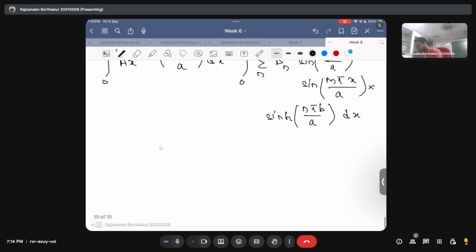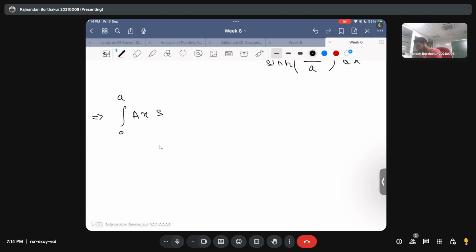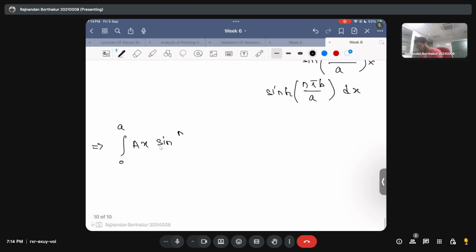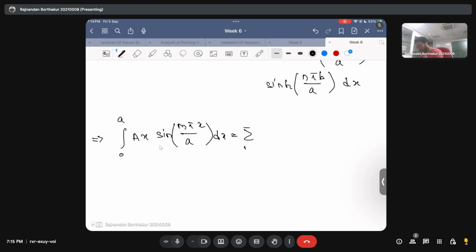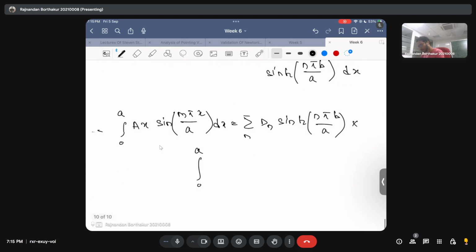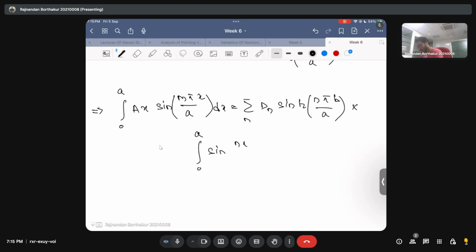So then I can just write this as integral 0 to a, ax sine m pi x by a dx, and then this would be summation over n dn sine hyperbolic n pi b by a, and then we have this integration from 0 to a, sine n pi x by a times sine m pi x by a.